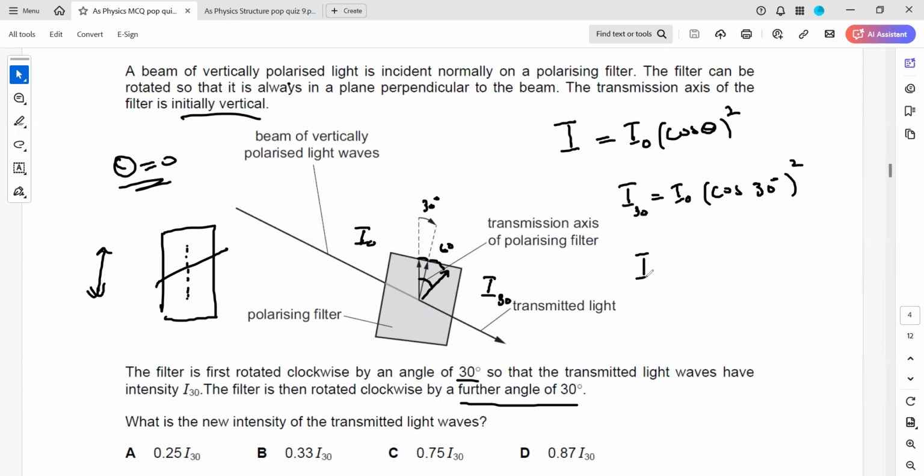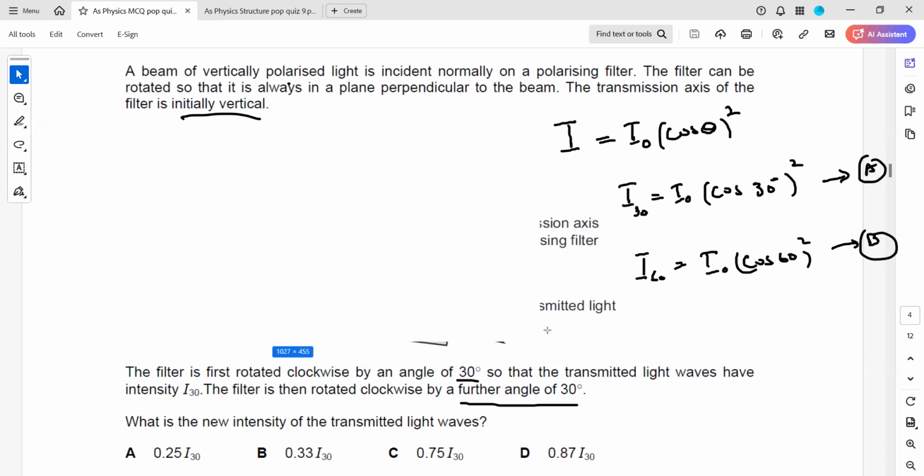So I60, the new intensity, equals I naught cosine 60 squared. Now we want to compare these two equations; say this is equation A and this one is equation B. We always take the total angle from the original axis. If I rearrange this equation, it will be I30 divided by cosine 30 squared equals I naught.